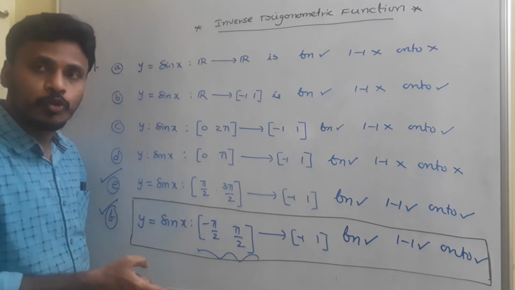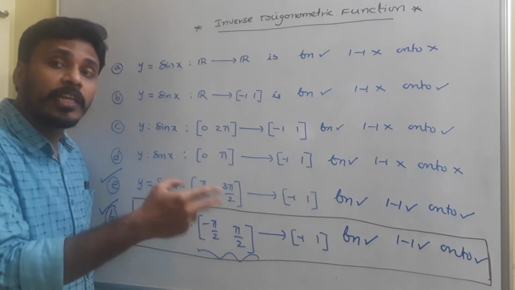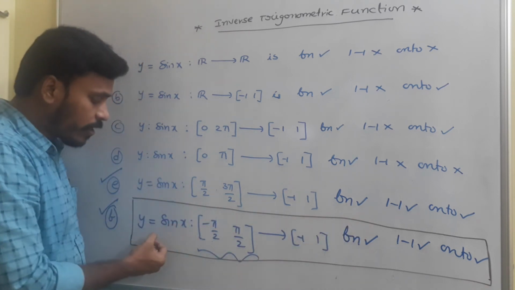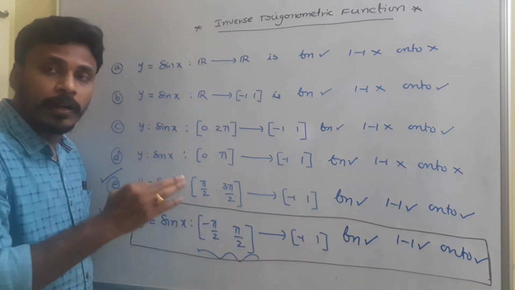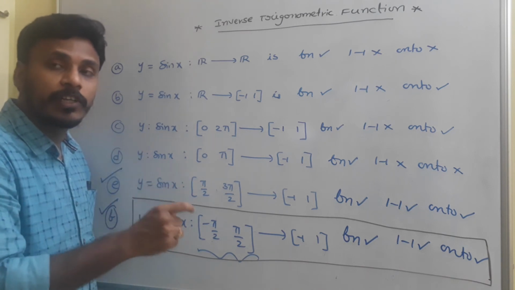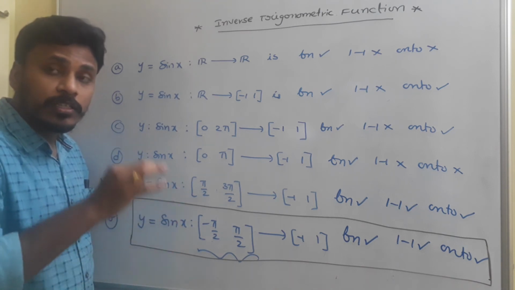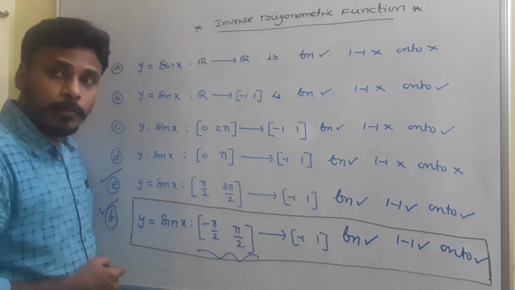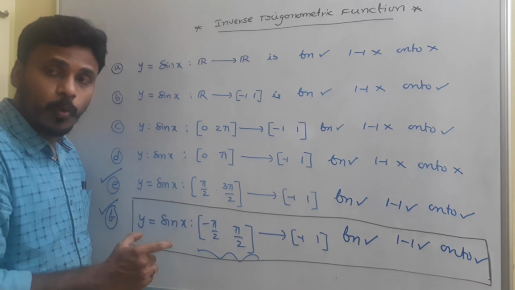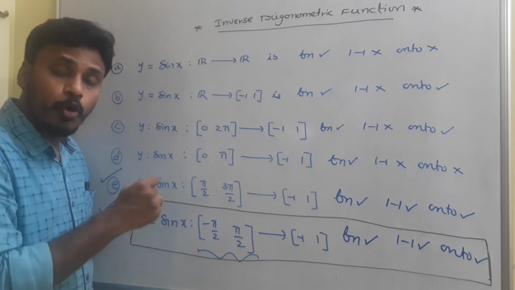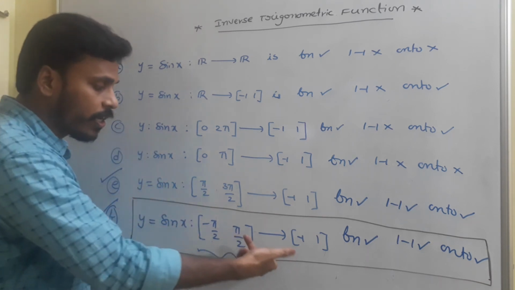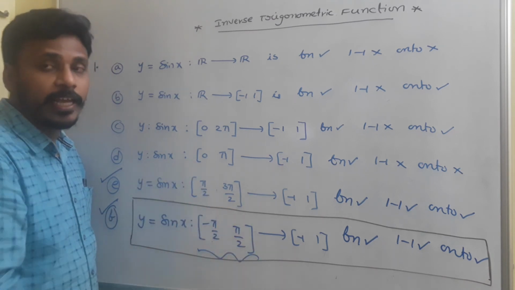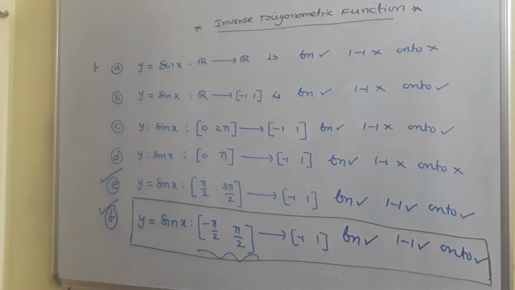Among all those cases, we usually consider this one as the standard trigonometric function to construct the inverse trigonometric function. Now, see, the fundamental domain and codomain for sin x is minus pi by 2 to pi by 2 and the interval minus 1 to 1, and the fundamental domain and codomain of the inverse trigonometric function is just an interchange of this domain and codomain. All these things I am going to discuss in the next point. Just have a look first.